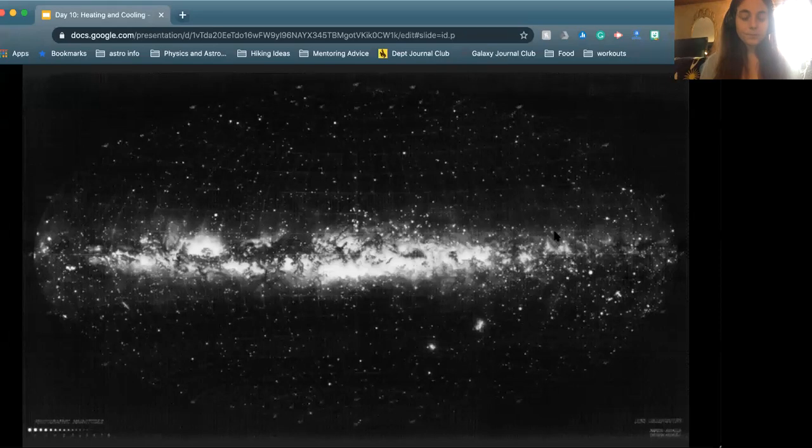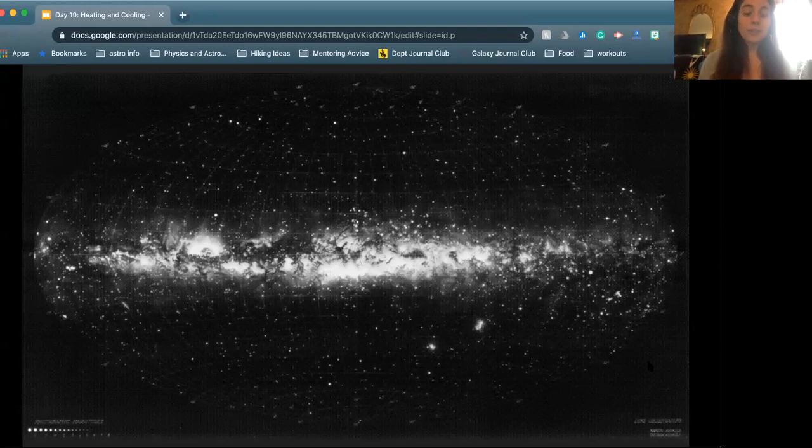So just to get started, we started with this image here, which is Lundmark's image of the Milky Way. This was something I wanted to start with because it reminded me a bit about how we ended class last week, looking at the multi-wavelength Milky Way. The really amazing thing about this image is it's not a photograph, it's actually hand drawn.